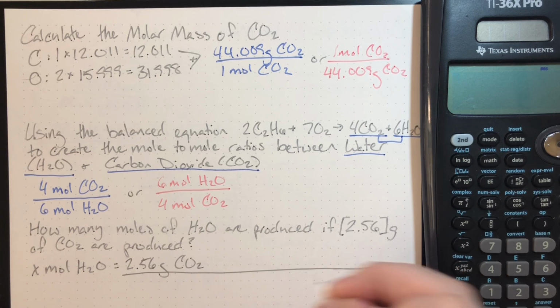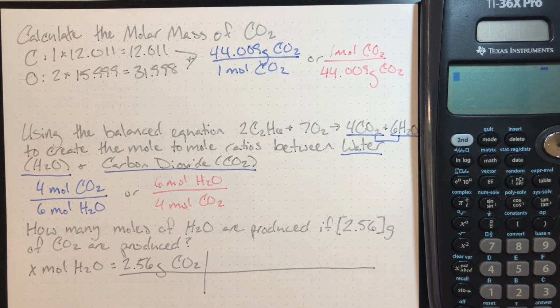I'll go ahead and set up my dimensional analysis train track. I am currently in grams of carbon dioxide. I need to get out of grams of carbon dioxide, so I need to use the molar mass of carbon dioxide. The molar mass of carbon dioxide was already determined in a previous problem. Now I just need to pick the version of the conversion factor that allows me to cancel out grams of carbon dioxide.